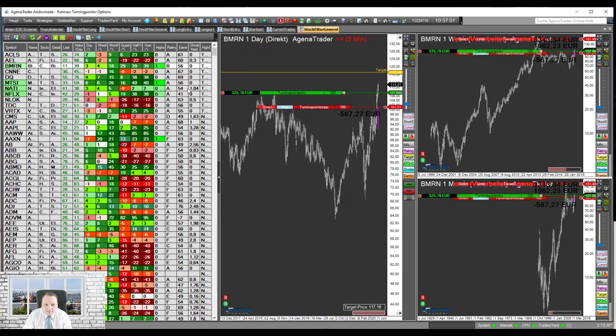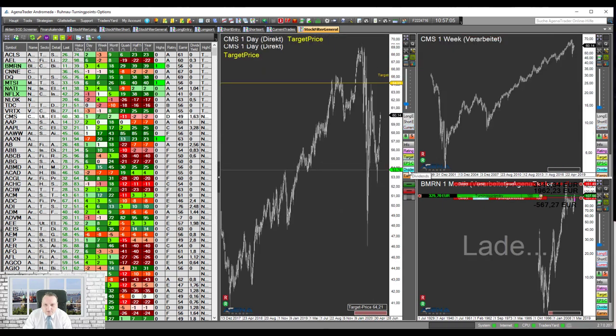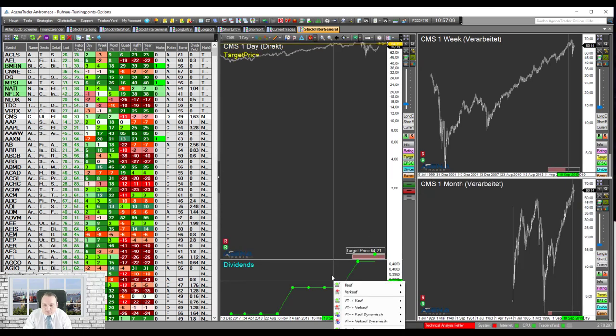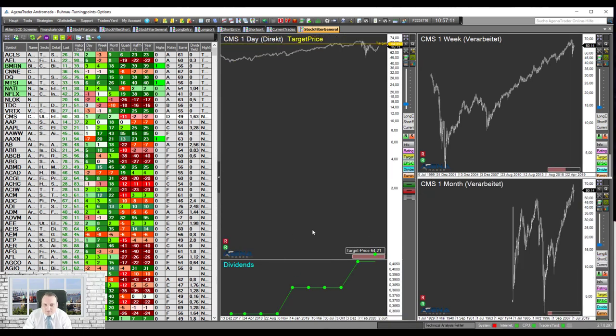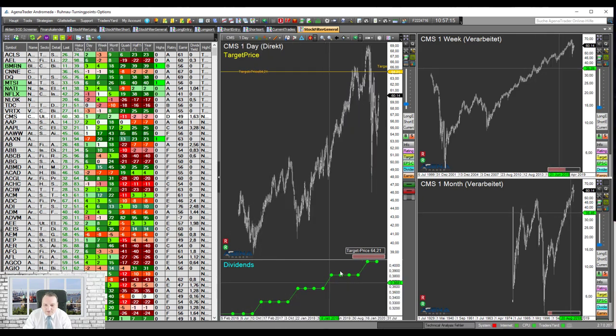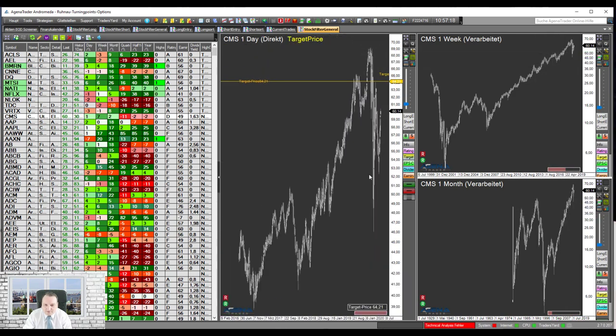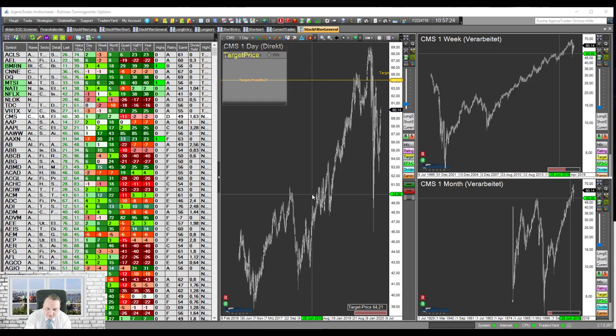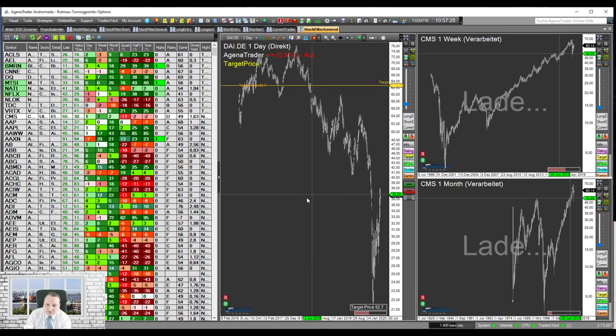And for some stocks you also have a dividend. Sometimes it takes a little while, but normally not very long. And you see how much dividend the stock paid over the last years. And of course you can have a look at the earnings date. It also works for German stocks or other stocks.